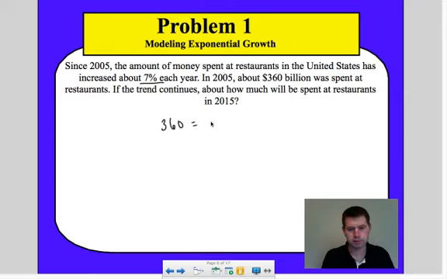We're going to write our A, and then we're going to write our B. Now our B is our factor. Since they said it increased by 7%, that is our factor, but it has to be bigger than 1. Okay, so it's got to be 1.07. It's increasing each year by that.